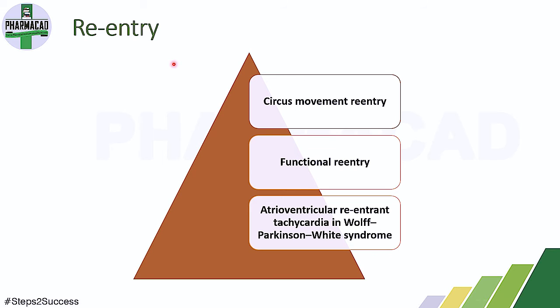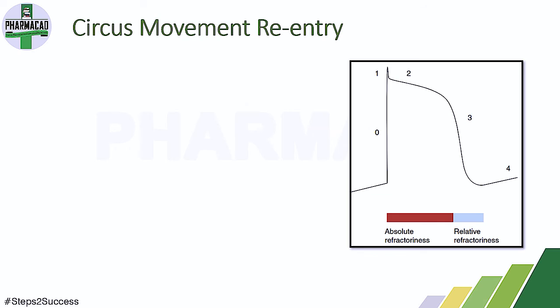Now re-entry के तीन mechanism है that we will see: circus movement re-entry, functional re-entry and atrioventricular re-entry. This is generally seen in Wolff-Parkinson-White syndrome. First one is circus movement re-entry.